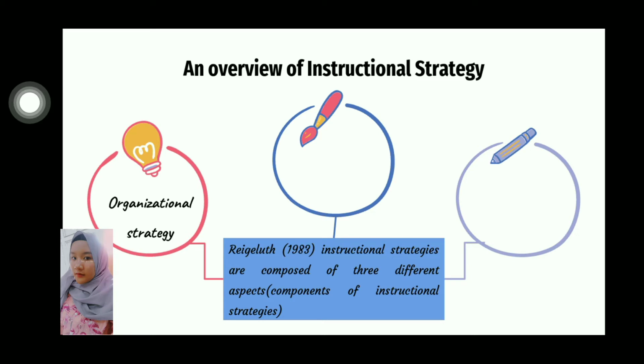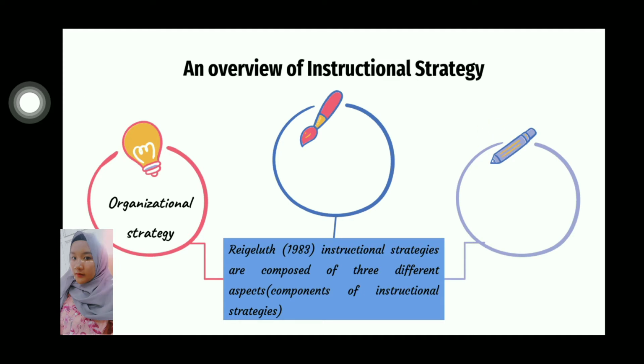Organizational strategies characteristics refer to how instruction will be sequenced, what particular content will be presented, and how this content will be presented. In this term, there are two parts. They are macro strategies with scope and sequence structures, and micro strategies with expanded instructional events.